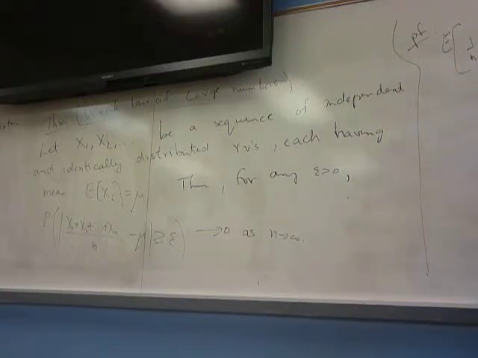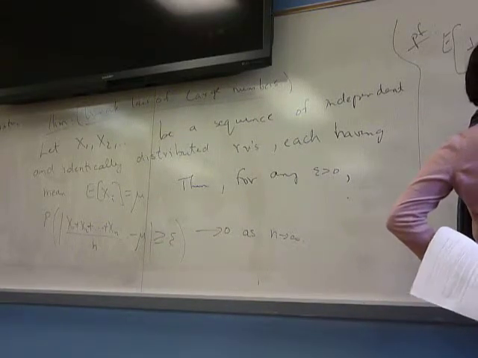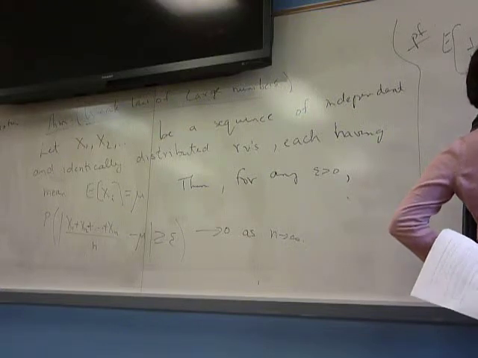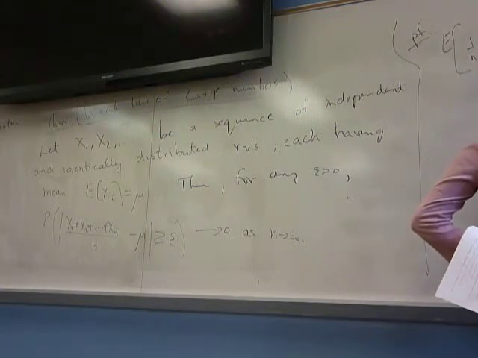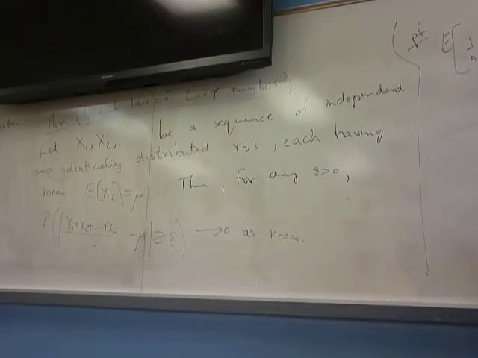Let's use the properties of expectations: 1 over n, expectation of the sum of Xi, and I can interchange summation and expectation. Summation i equals 1 to n of mu over n. So I know that the mean of this average is also just mu.